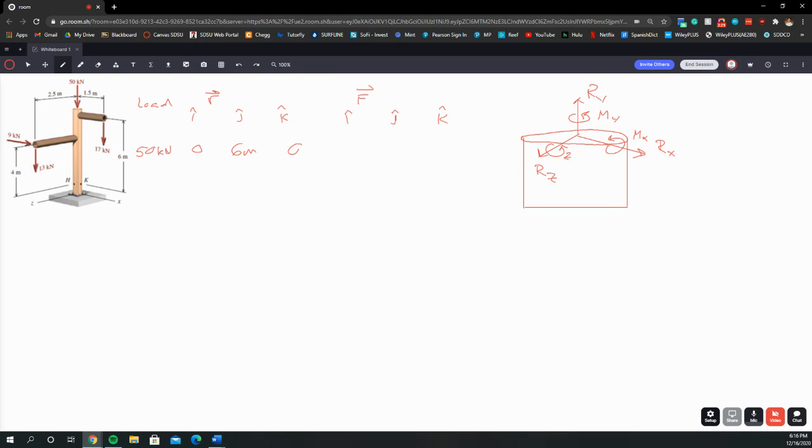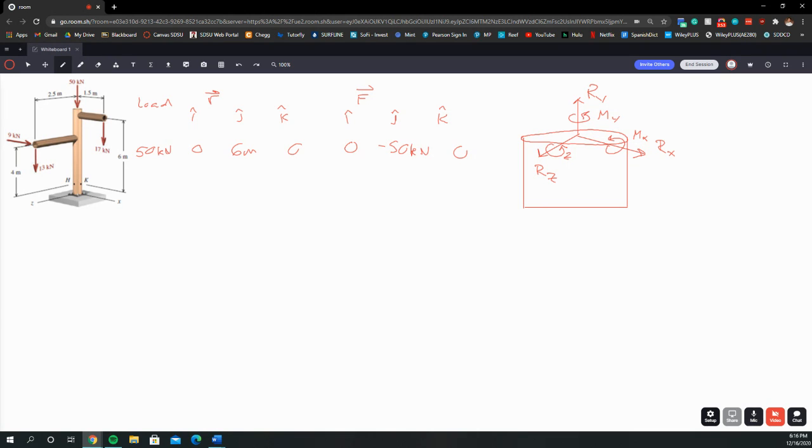In the diagram, it doesn't really look exactly like it's 6 meters, but that's the only dimension we're given, so we're just going to go 6 meters. And then the force is 50 kilonewtons in the negative y direction, so it's 0, negative 50, 0.